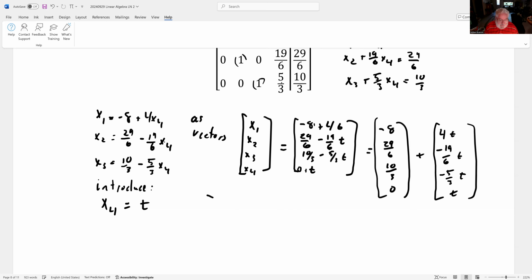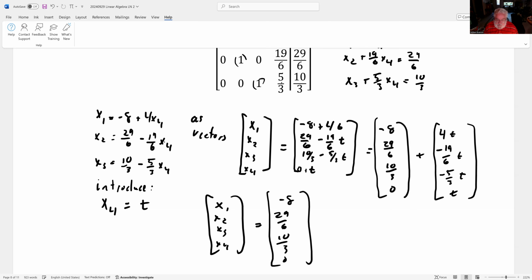And then finally, we can pull the t's out. We have 29 over 6, 10 over 3, 0, plus t, there's our parameter.